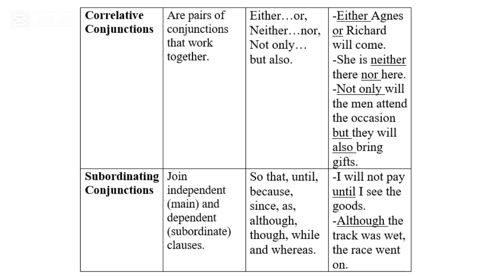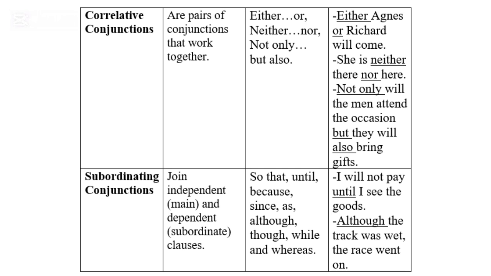Either Agnes or Richard will come. Another example, she is neither there nor here. Let's look at another example. Not only will the men attend the occasion, but they will also bring gifts.